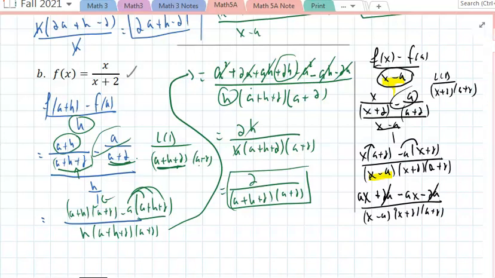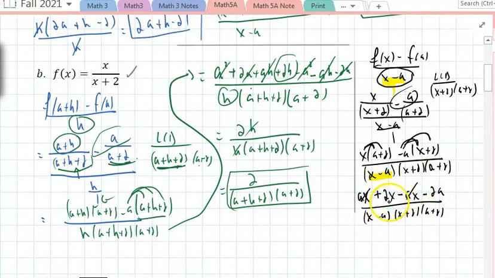Ax plus 2a minus ax minus 2a. Found it. It's right there. It should have been ax plus 2x, and this is a negative ax minus 2a. There we go. So yes, those cancel out.